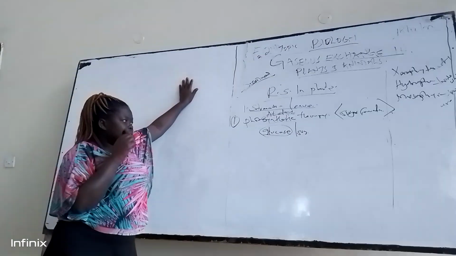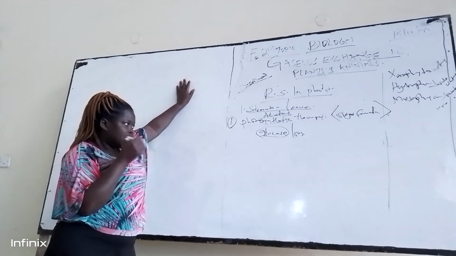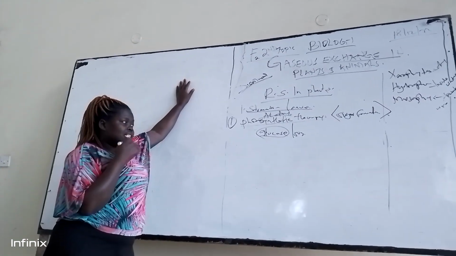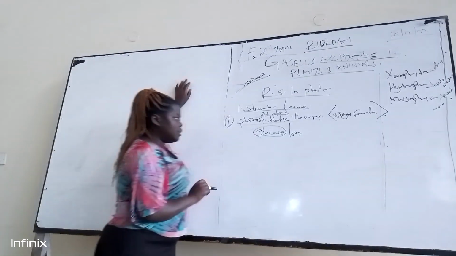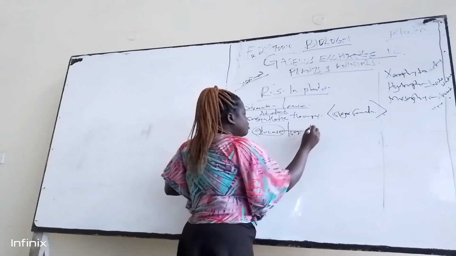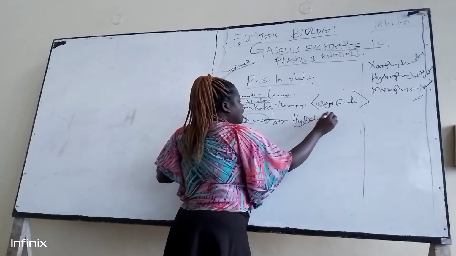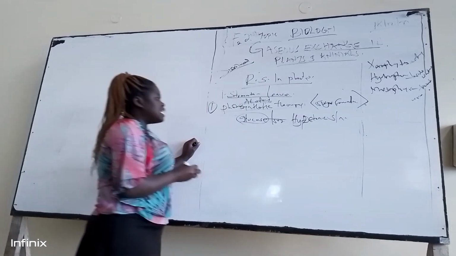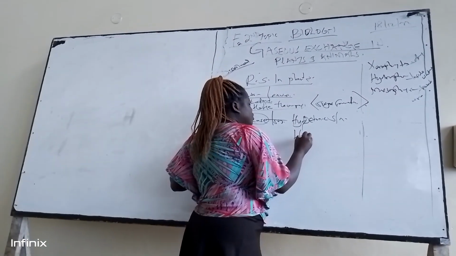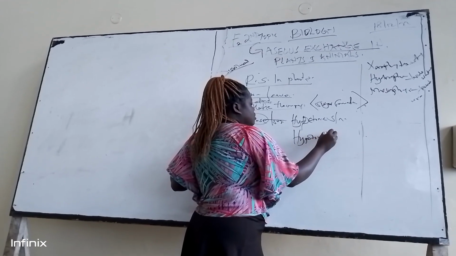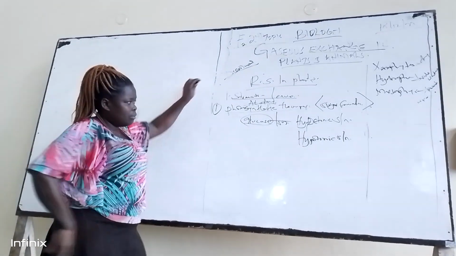All of the guard cells will contain glucose solution, making the guard cell a hypertonic solution as compared to the outer side, the epidermal cell, which will be hypotonic compared to the guard cell.